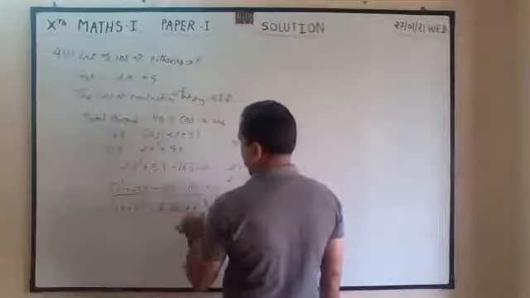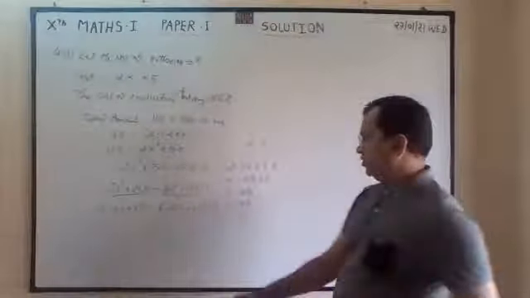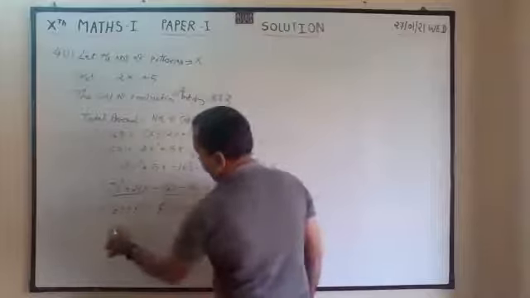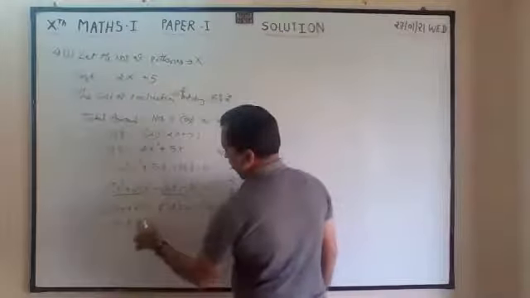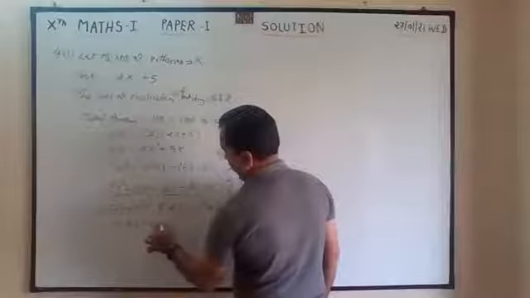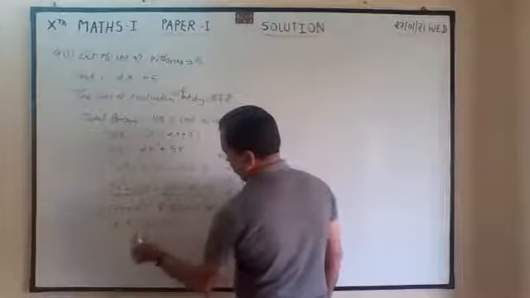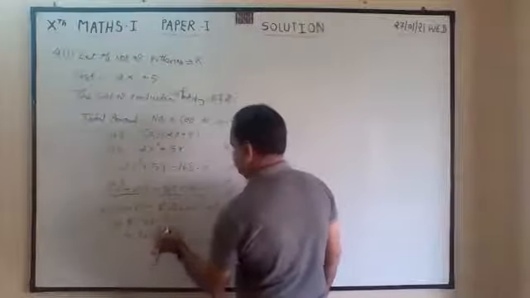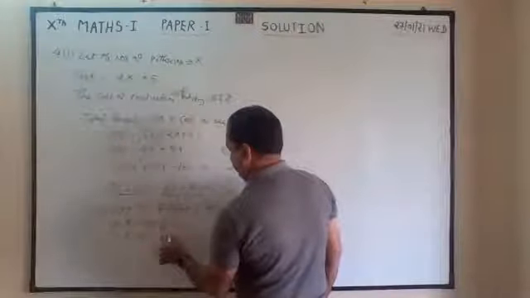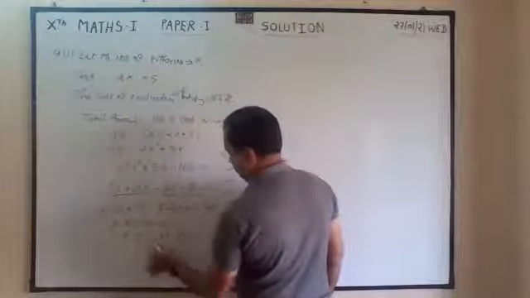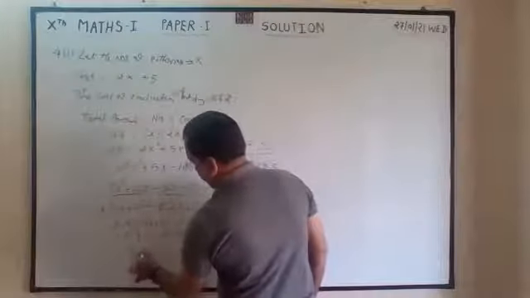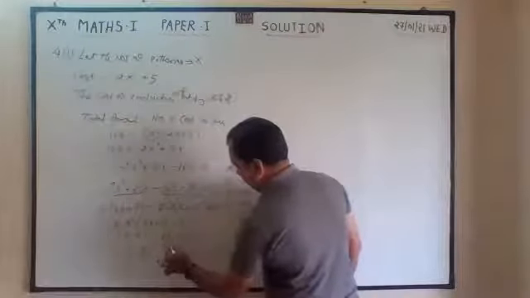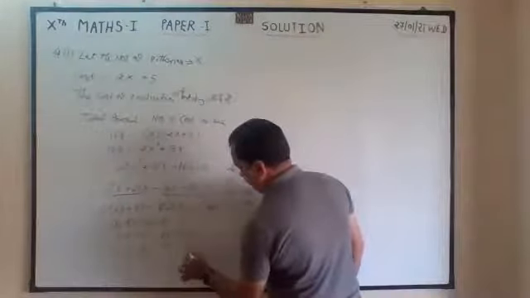Sir, 3 minutes. Okay, okay. Now x minus 8 common, 2x plus 21 is equal to 0. Therefore x minus 8 is equal to 0, or 2x plus 21 is equal to 0. So x is equal to 8, which is acceptable, or x is equal to minus 21 by 2.